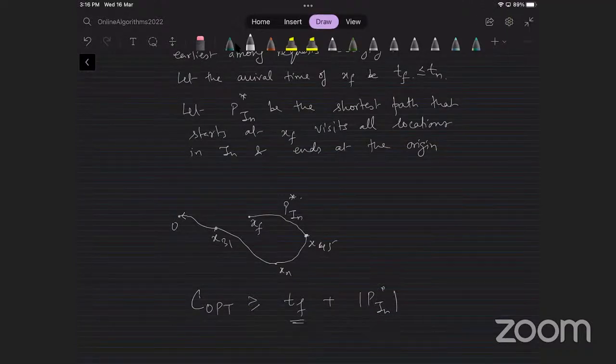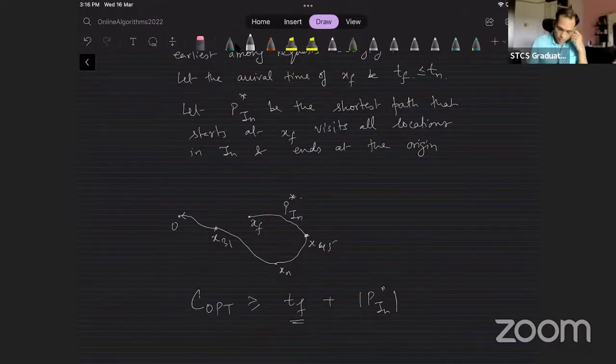Okay, so TF part is clear because TF is the time at which XF arrives. And we are also saying that among the set of these X31, X45, XN, OPT visits XF the first. Why is this term also correct? I actually said it, but I just want somebody to say. Yashwant, do you want to say why this is true?